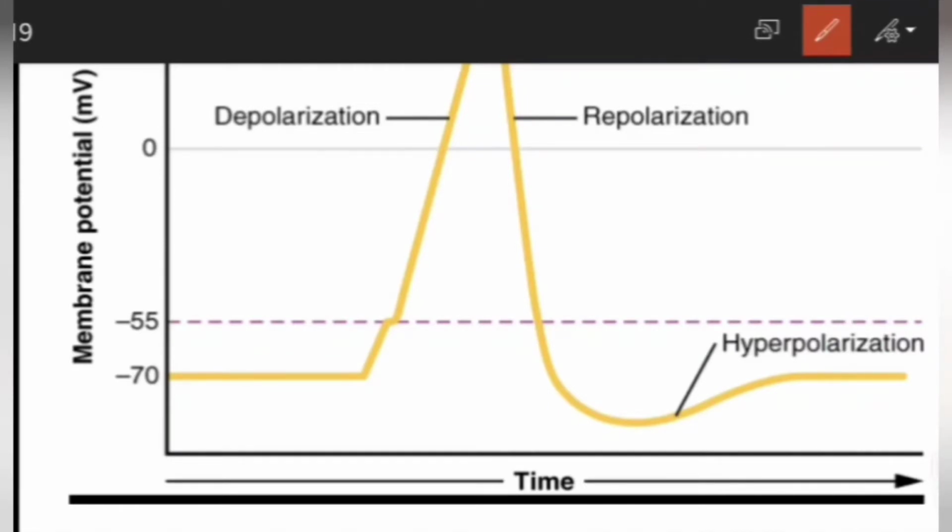Now we need to look into this graph. The value of resting membrane potential is minus 70 millivolt in case of the neuron. You see, minus 70 millivolt. Now, what happens? First of all, the stimulus is applied. Then the sodium ion channels open and there is the influx of the sodium ions inside the cell.